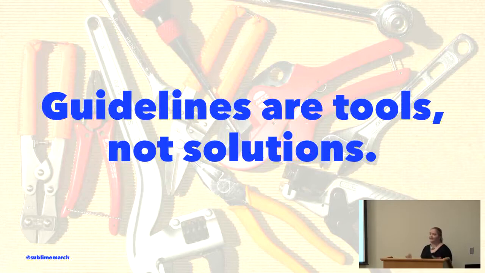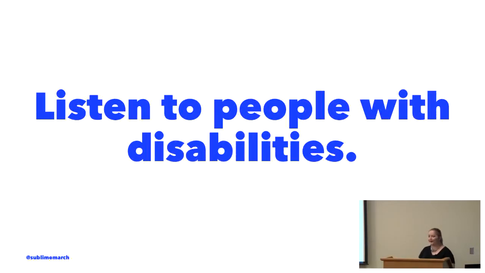They're a really easy way to say, oh, you don't meet this part of the WCAG, that means you're inaccessible. But they're not always a way to make sure you are accessible. So again, I put this slide in here twice so you remember: listen to people with disabilities about what they need and about your content and about the technology you're creating to know if it is actually accessible.